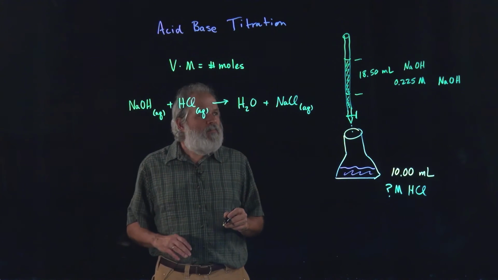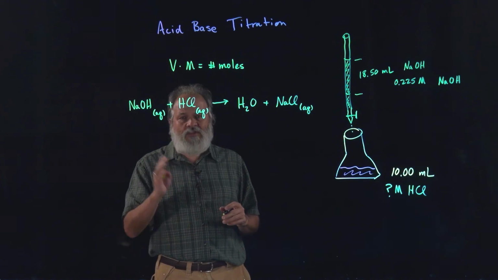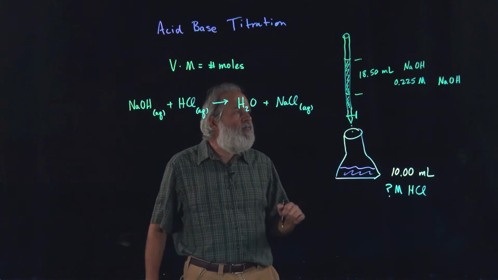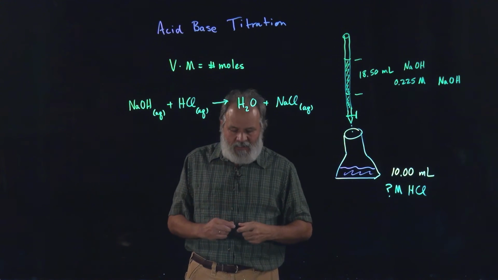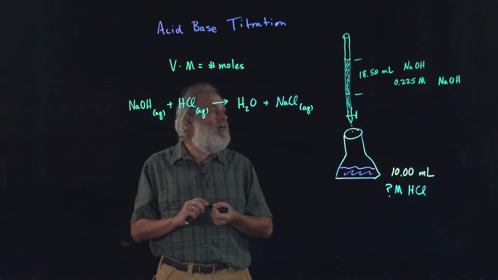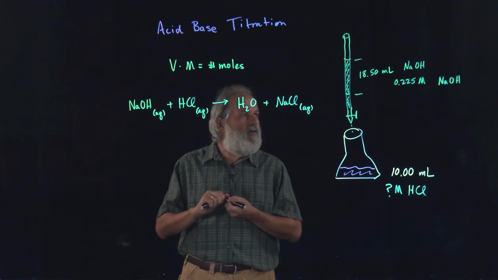All right, so of the two solutions, which one do we know both V and M for? Well, it's the hydroxide. So we're going to calculate the volume of hydroxide times the molarity of the hydroxide.